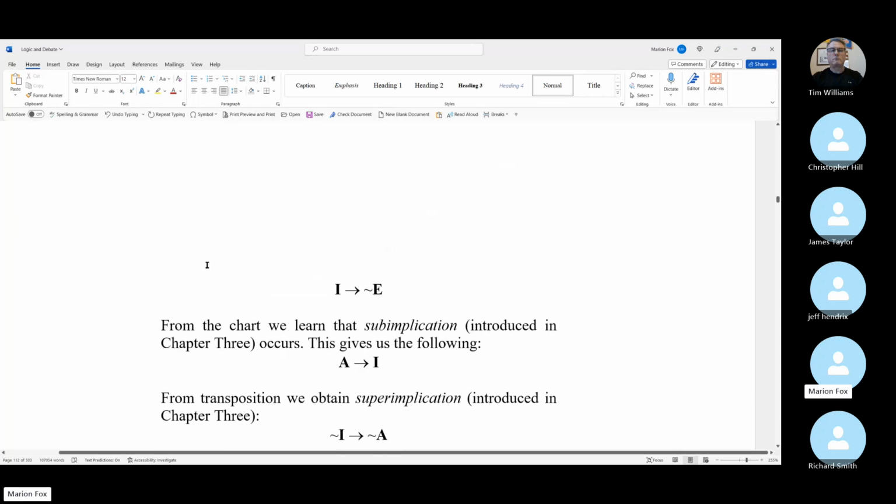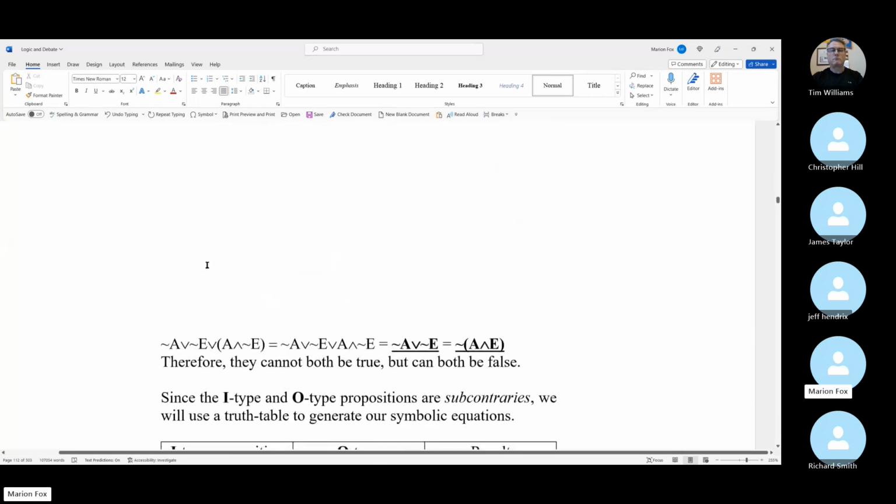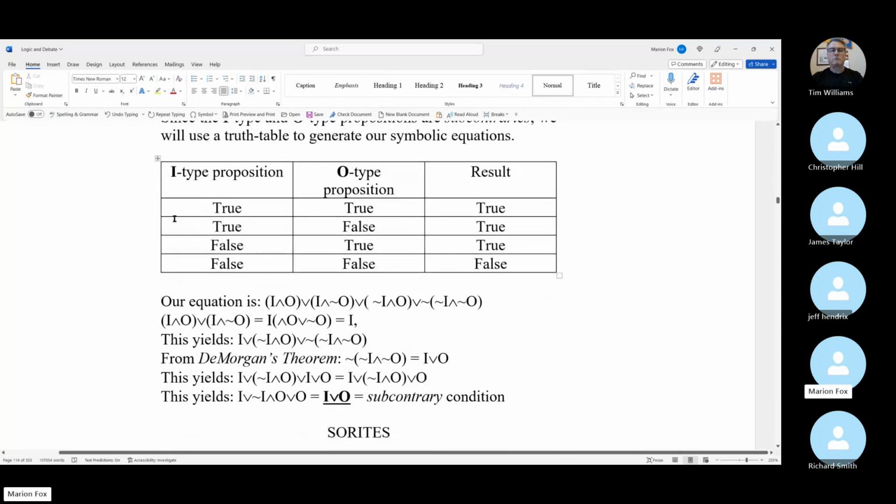So let's go back to our truth table down here. Can't have them both false. So if they're both false, we get a false answer. So that cannot happen. So now let's put in here, I and O are both true. I and O are true. That gets that first row right here. I and O not.